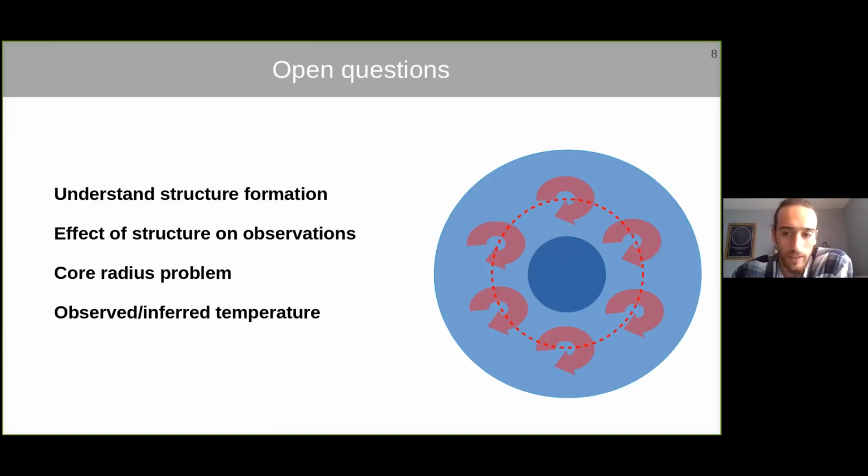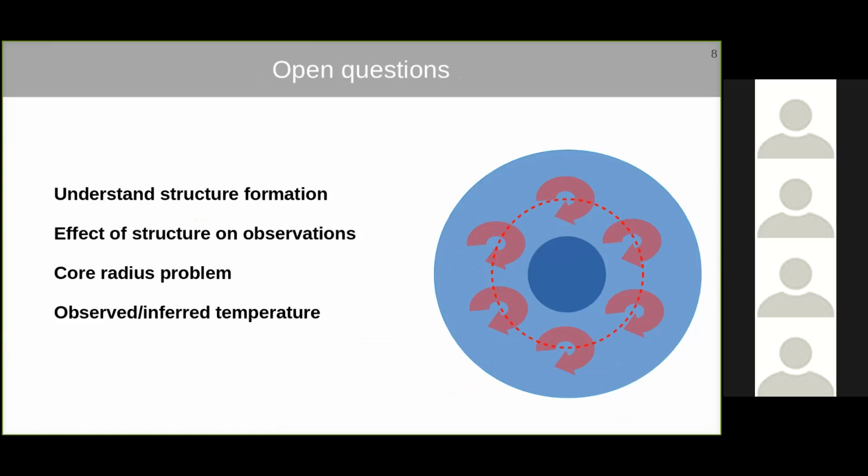So in the study of Wolf-Rayet stars, there's a couple of open questions that we still want to answer. One of the things that we want to understand and be able to model is this stellar wind and the structure formation that goes on in stellar winds.